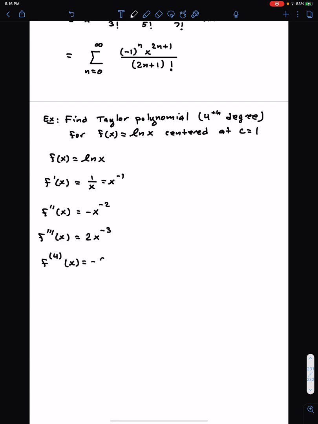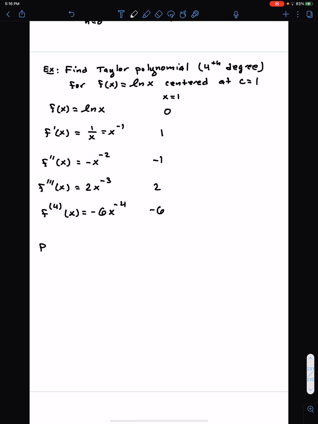The fourth derivative is negative 6 x to the negative 4. When x is 1, f of 1 is 0, f prime of 1 is 1, f double prime of 1 is negative 1, f triple prime of 1 is 2. The fourth derivative at 1 is negative 6.